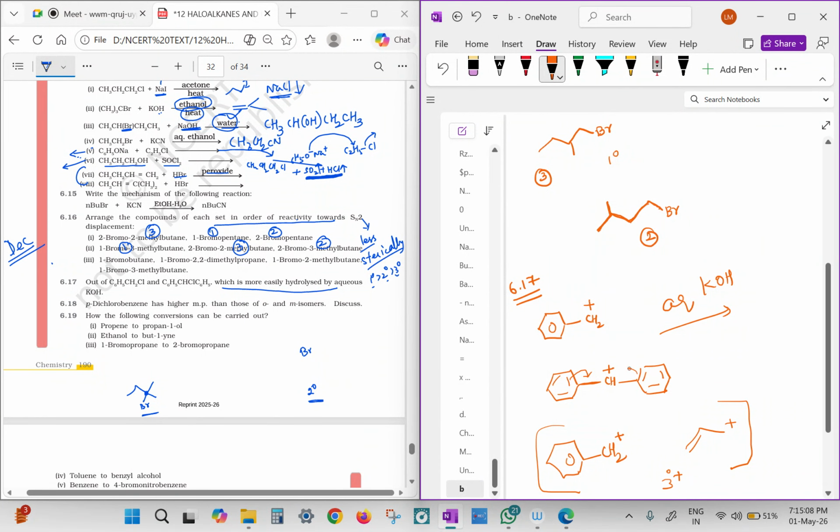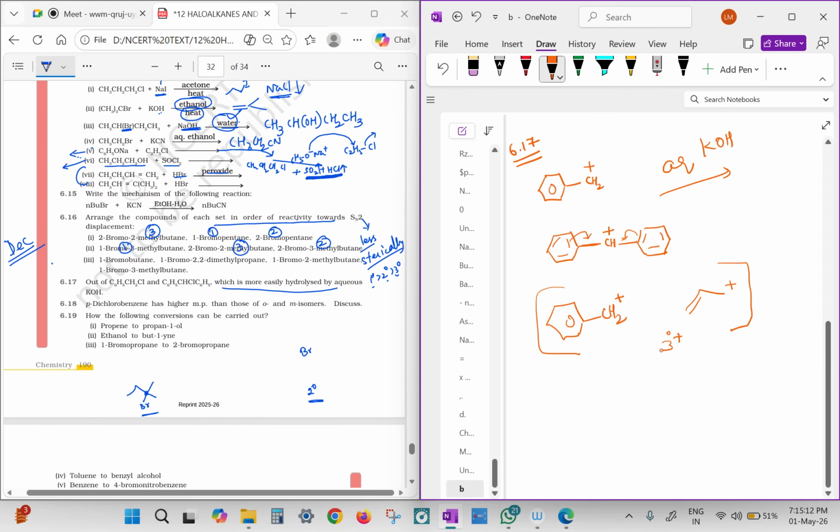Second is better. Supposing there was a question that this carbon having the halogen has got 3 phenyl rings, then that would be even better. Is it clear? If the halogen goes off, the phenyl rings will conjugate and will pour the electron density, making it stable.